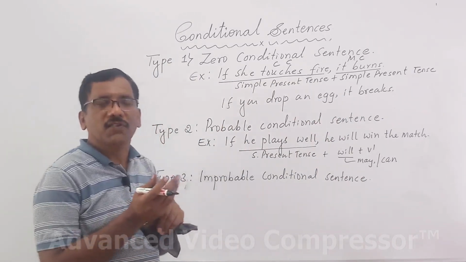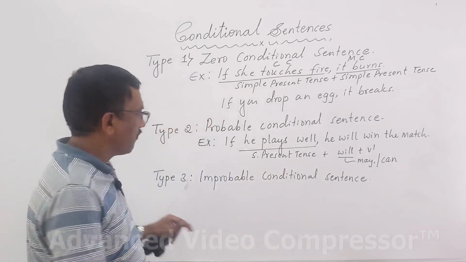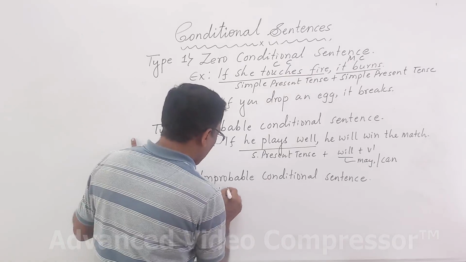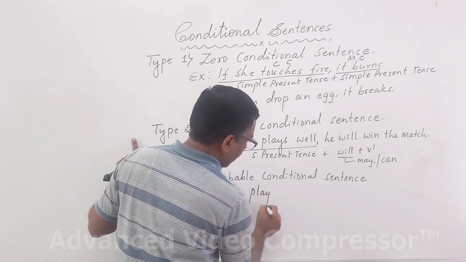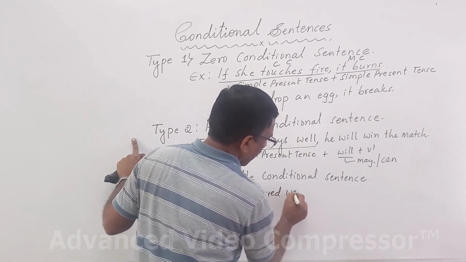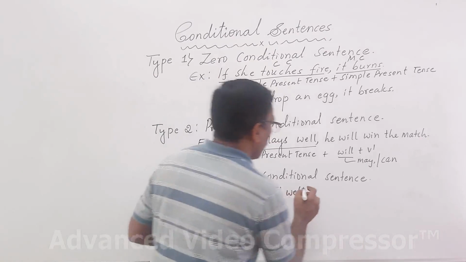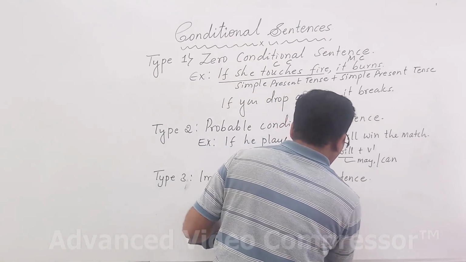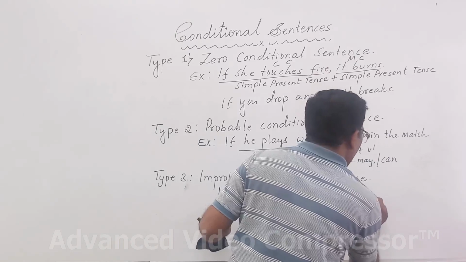What do you see in such sentences? We do see improbability. For example, if he played well, what would happen? He would win the match.